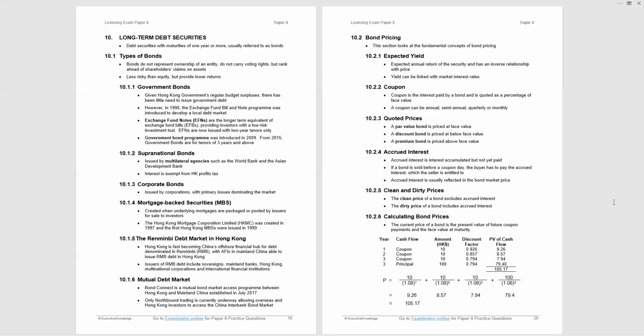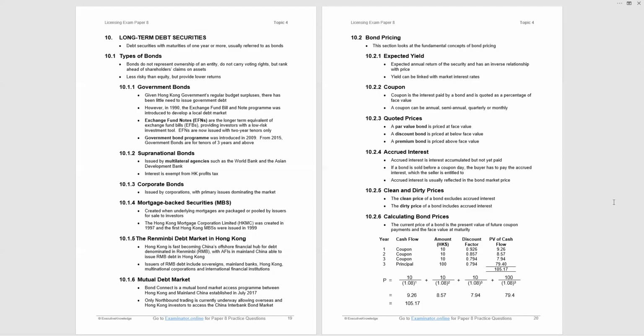Other long-term debt securities: supranational bonds issued by multilateral agencies, corporate bonds, that's corporations borrowing from the markets, mortgage-backed securities, which are underlying mortgages packaged by an intermediary and then sold, and the one we have now in Hong Kong is the Hong Kong Mortgage Corporation. We have the renminbi debt market in Hong Kong.